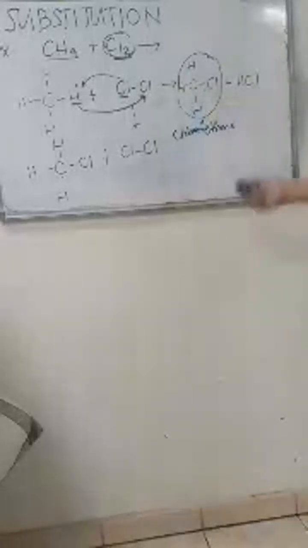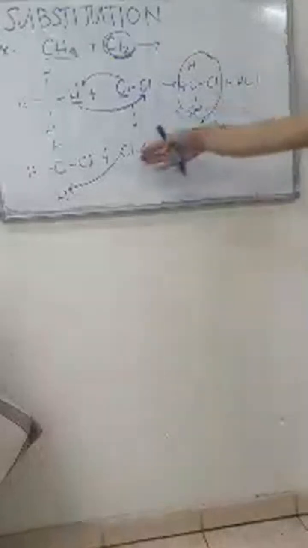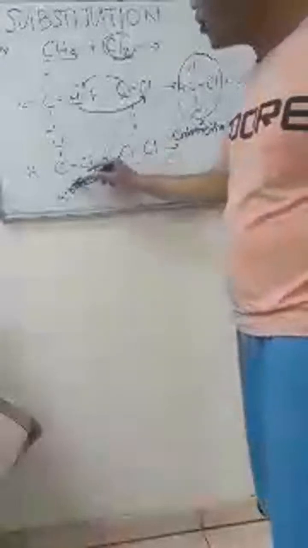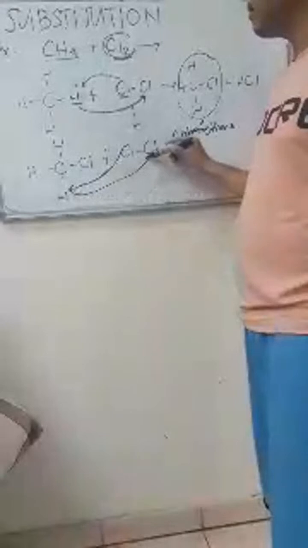Now, what will be our product here again? Chlorine will go to the hydrogen here. The first thing to do is go to the bottom rather than the top hydrogen. First bottom. Chlorine will go here in the H, and the H will go here also.